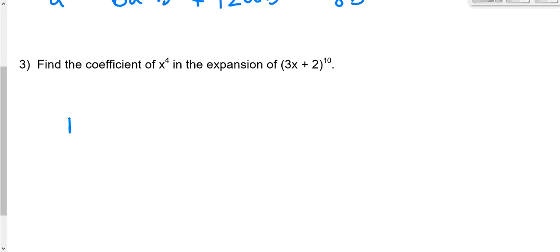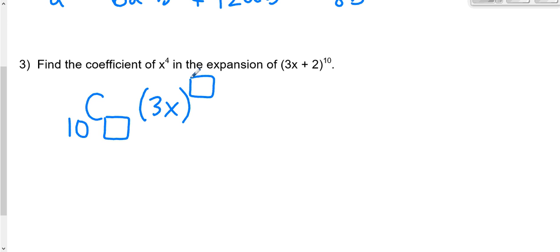So we're going to have 10 choose something, and then we're going to have 3x to the something and 2 to the something. And we know that it's going to have an x to the 4th in it, so that tells us that it's going to be 3x to the 4th.